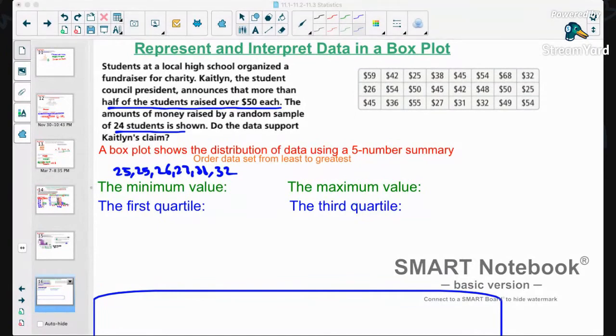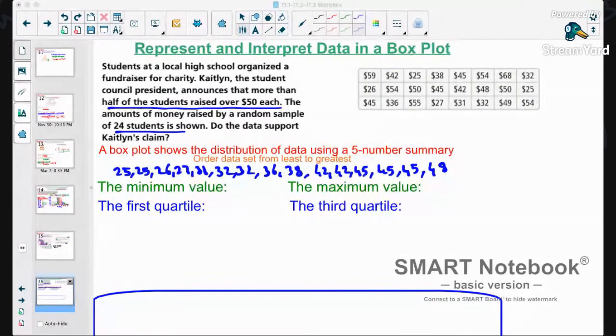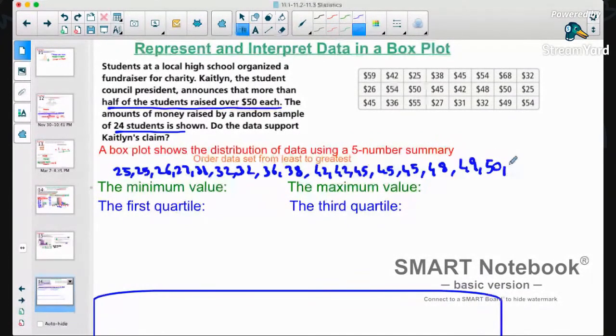After that, 32 again. Then 36, 38, 42, 42, 45, 45, 45, again 48, then 49, 50, and 50.